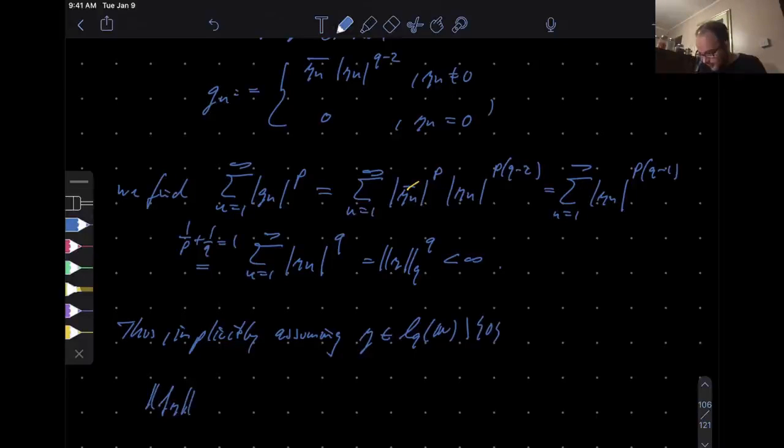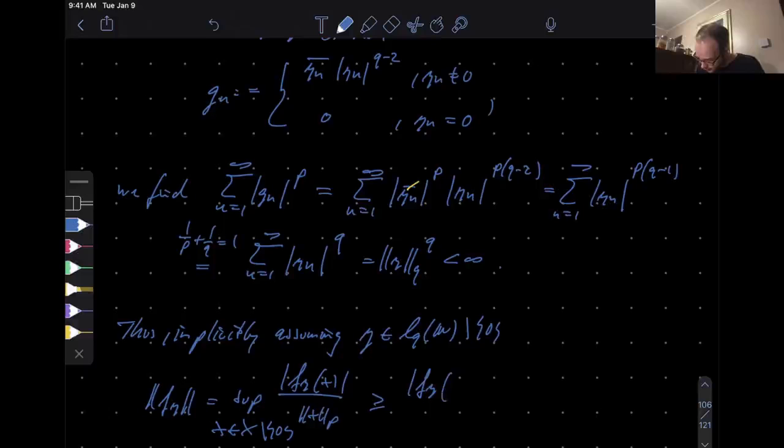So the operator norm of f_y is then, by definition, the supremum over non-zero x in X, which is l^p. That's just the definition of the operator norm. One way to write it down. |f_y(x)| over the p norm of x is going to be at least as big as if I evaluate it on my g. Right, so the subscript is y, the argument is g.